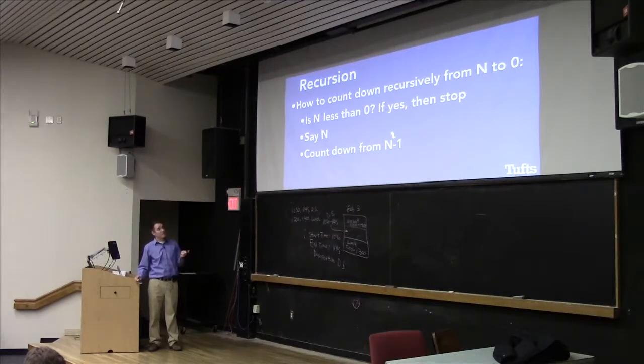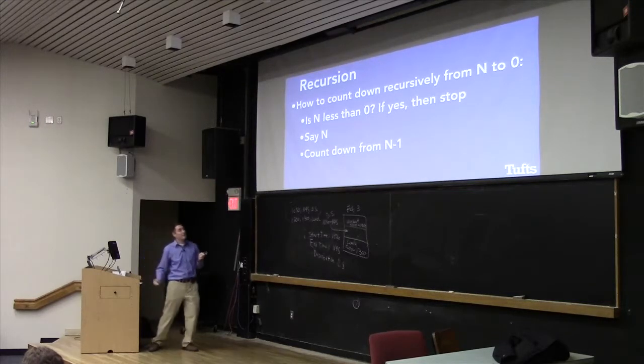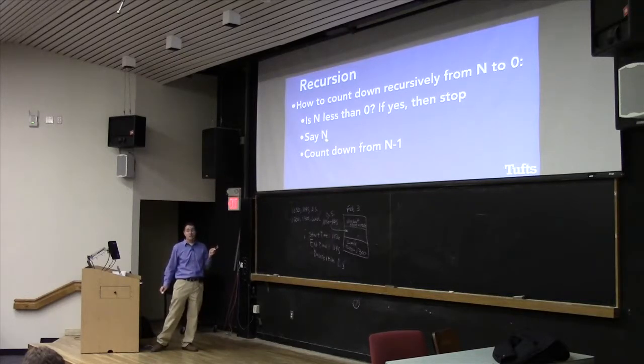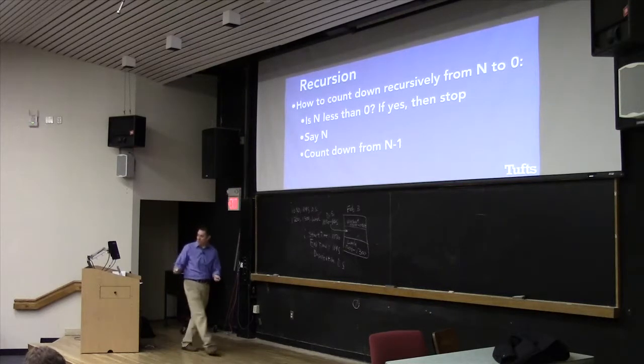Count down from 3 minus 1, which is now 2. So we go back up and start over. Is n less than 0? 2 is not less than 0, so we're not going to stop, so we say 2. Count down from 1. Do it again. Is 1 less than 0? No. Say 1. Count down from 0. Is n less than 0? No. Say 0. Count down from -1. Is n less than 0? It is. Stop. That's the whole recursion.